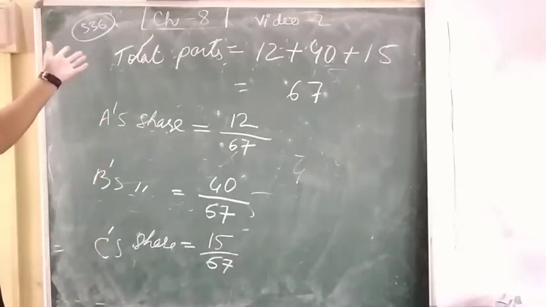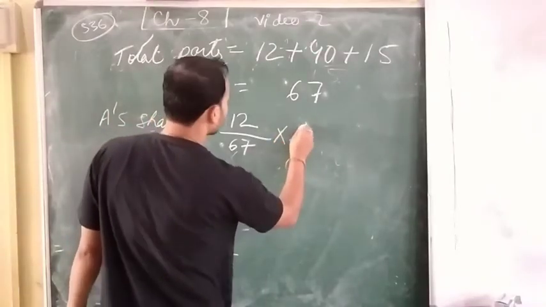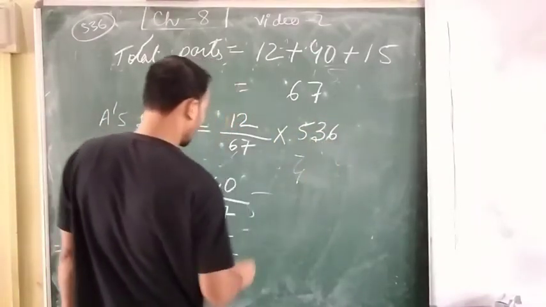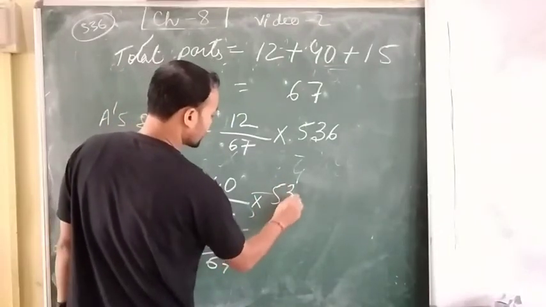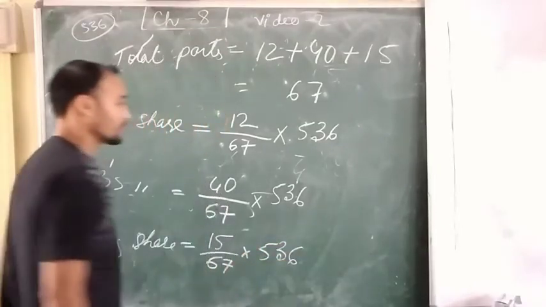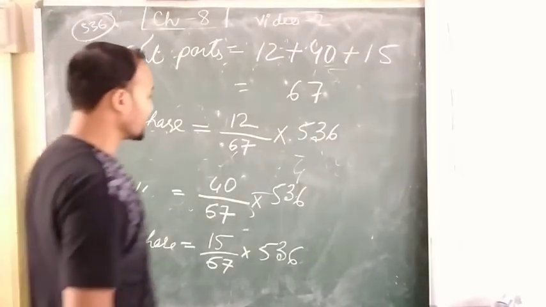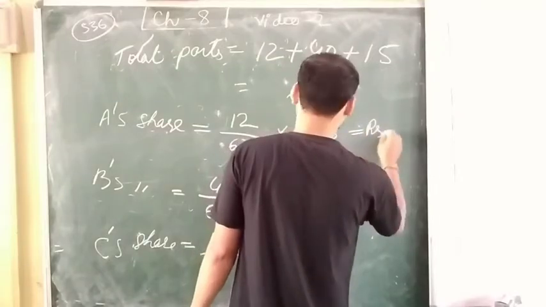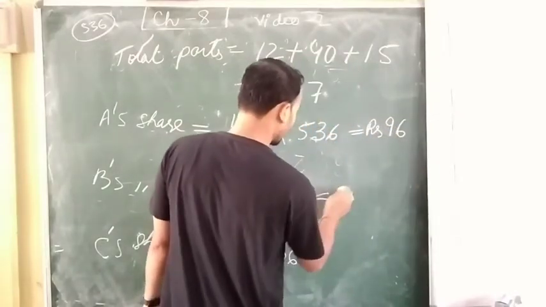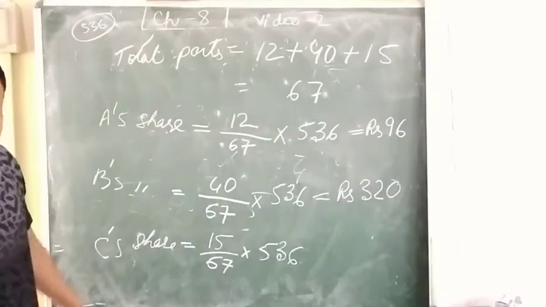But if we want to represent this share in terms of money, then we have to multiply it with the given money, that is 536. If you solve this, I am going to write the answer directly. A will get rupees 96, B will get rupees 320, and C will get rupees 120.